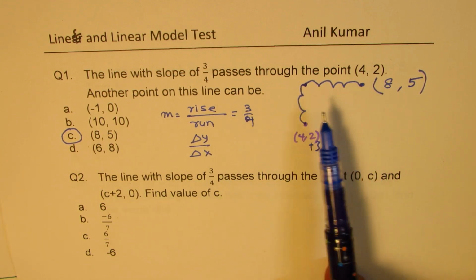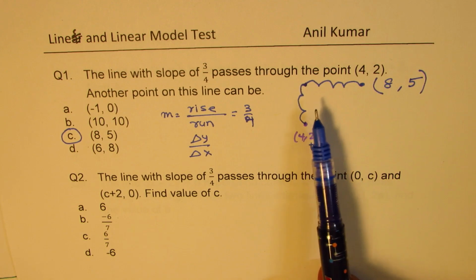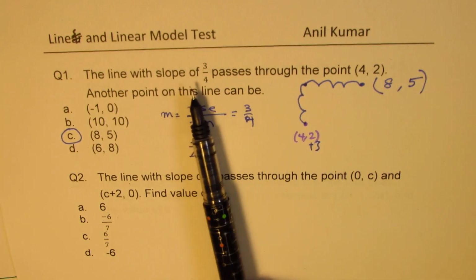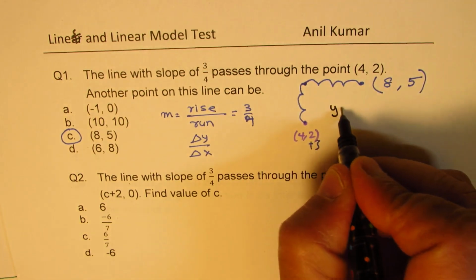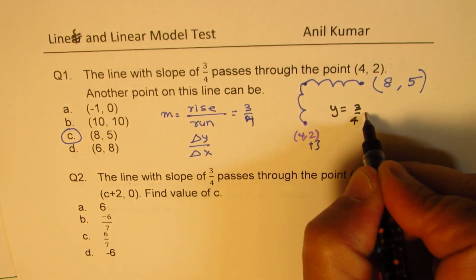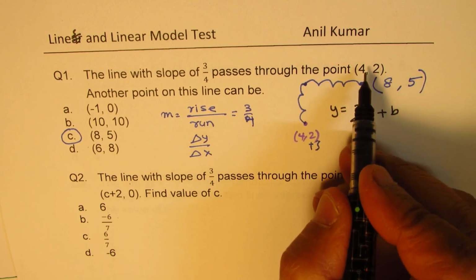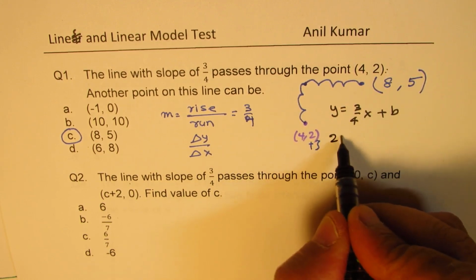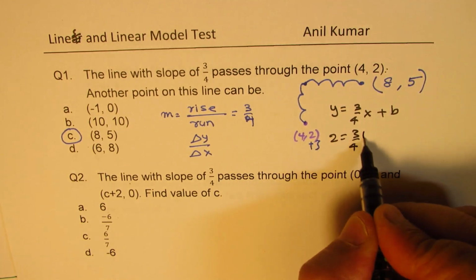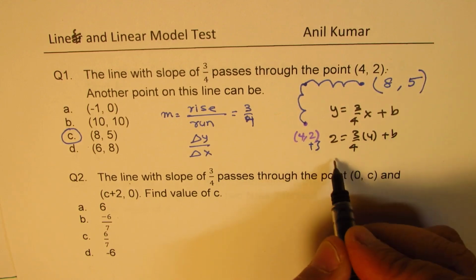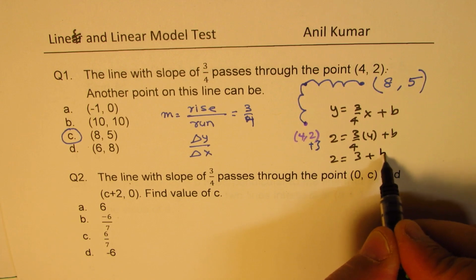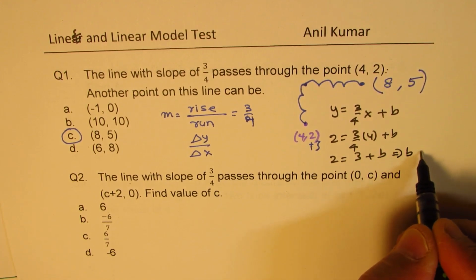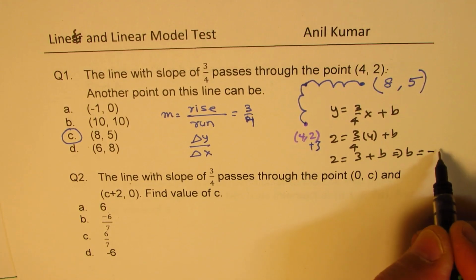So once you get a point, it's okay. The other method definitely is to find the equation of the line. For example, you could say y = 3/4 x + b. Substitute (4, 2), so 2 = 3/4 times 4 + b. That gives you 2 = 3 + b, as the 4 and 4 cancel, and that gives you b = -1.